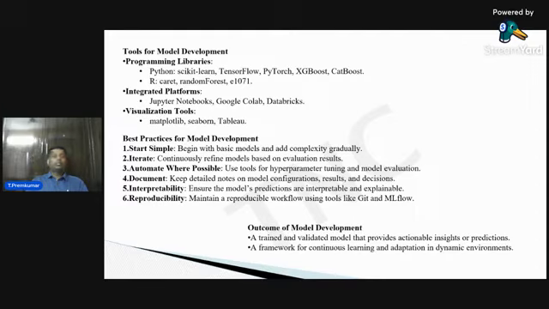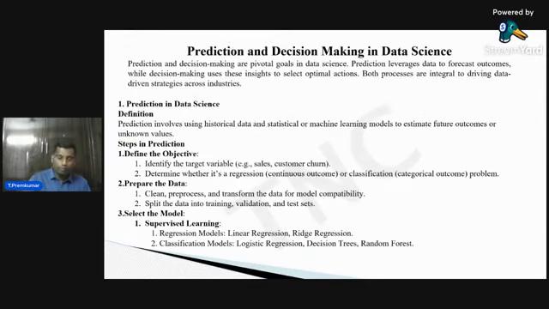And the last one is reproducibility, which means maintaining a reproducible workflow using tools like Git as well as MLflow, machine learning flow. The outcomes of model development are trained as well as validated models that provide actionable insights on precision, and frameworks for continuous learning and adaptation in a dynamic environment.